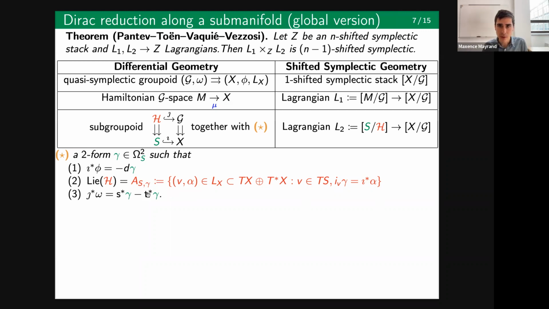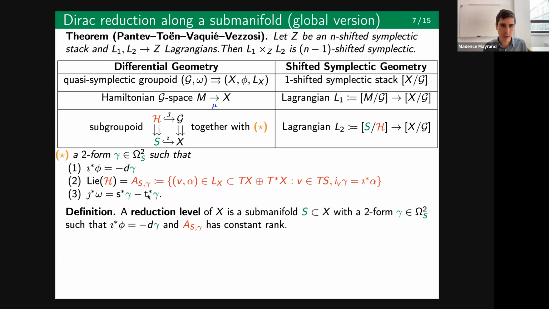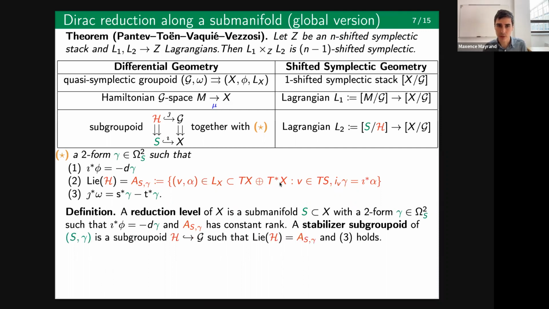So now you can forget about shifted symplectic geometry and define a reduction level of a twisted Dirac manifold X to be a submanifold S with a two form, which is a primitive for the pullback of phi, such that this particular subset of the Dirac structure has constant rank. The stabilizer subgroupoid of this reduction level is an integration of this Lie algebroid with this additional global property.